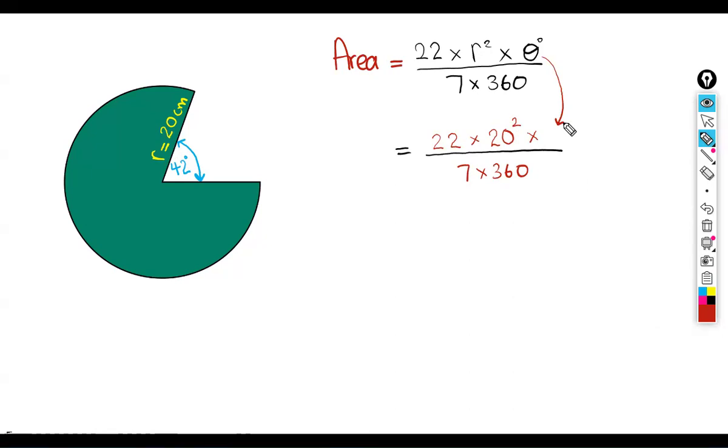If you put 42 for the angle, you're going to get it wrong, right? And this was the major trick of the question. Remember I said, when you're dealing with sectors, if they give you an angle, the angle has to be inside the sector. Is this 42 inside the sector or outside? Outside the sector.